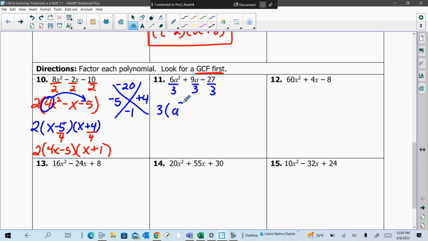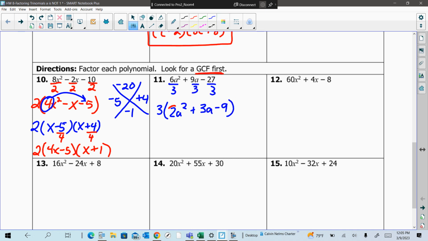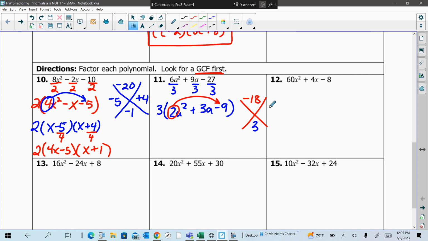We have 2a squared plus 3a minus 9. And then your coefficient of the quadratic trinomial is a 2, and you're going to slide and multiply with that negative 9. So we're looking for factors of negative 18 with the sum of 3.